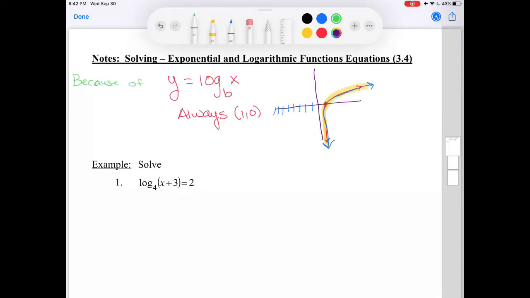So if I were to make a quick note here, I would say, because of the graph, log cannot be 0 or negative.